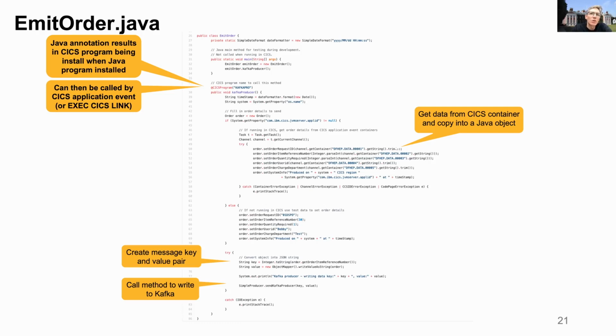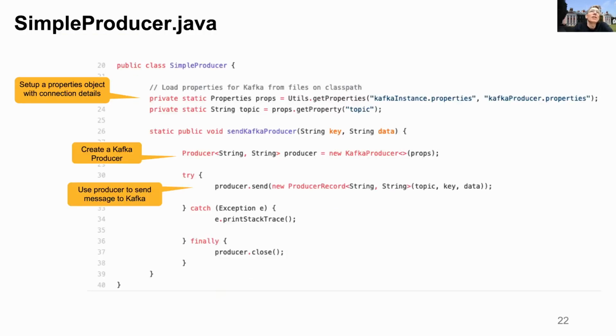So I have my key and value, and then I call a static method on a Java class I've called SimpleProducer. And on the next slide, you can see that Java class simply gets a set of properties that contains some information about the connection details.